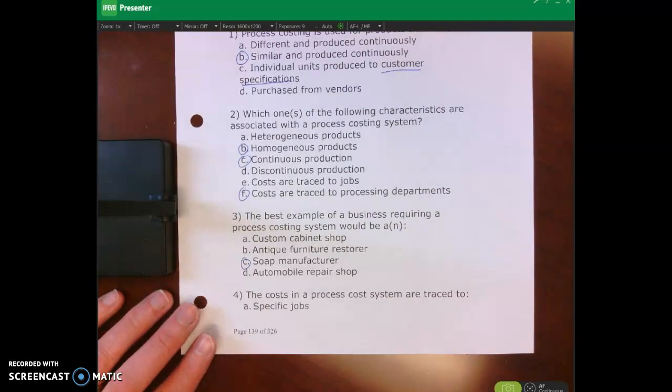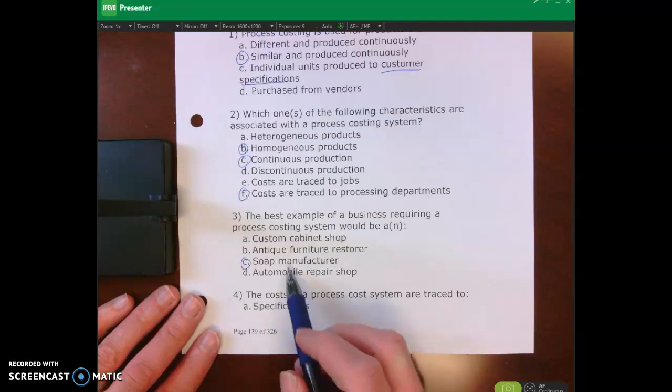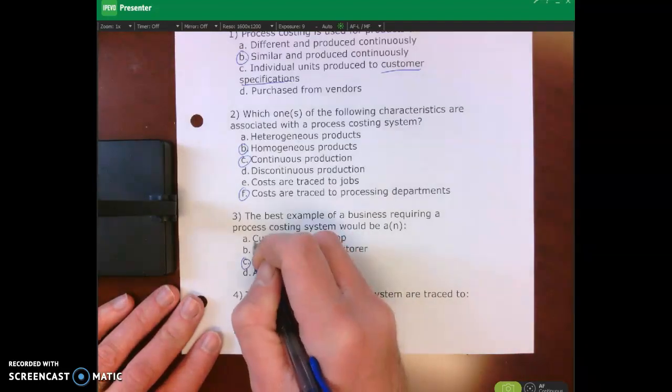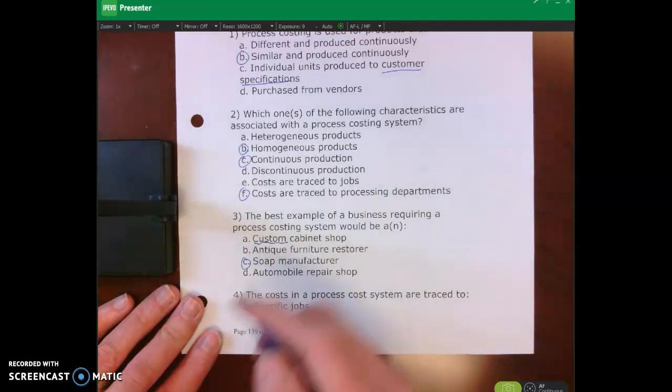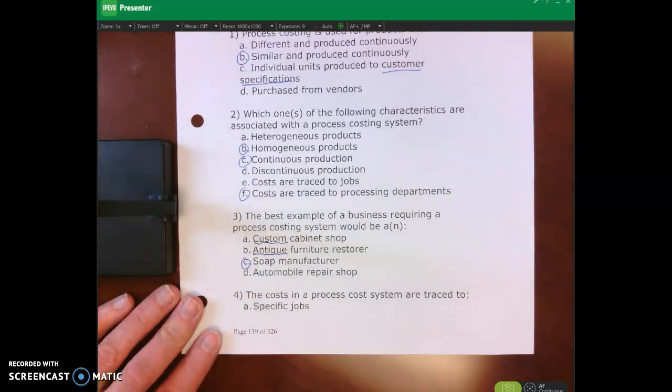Look at number 3, the best example of a business that would be using process costing would be a soap maker. Look at some of these. Custom means job order. Antique furniture restore: everybody has a different antique.